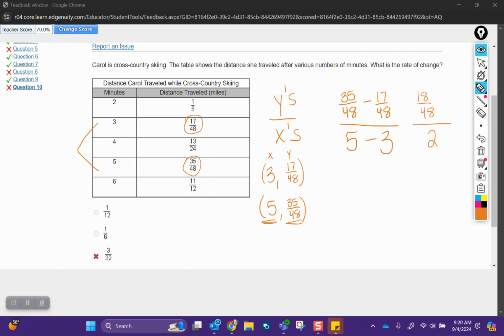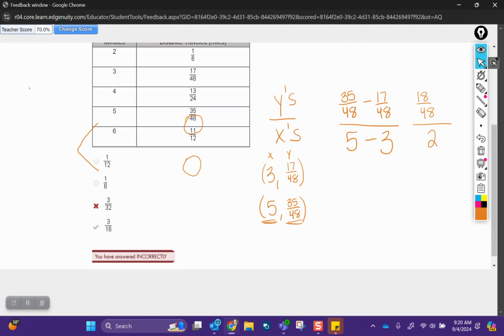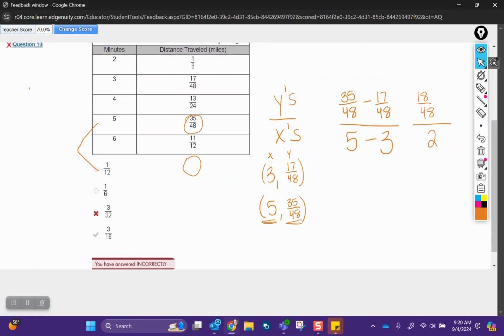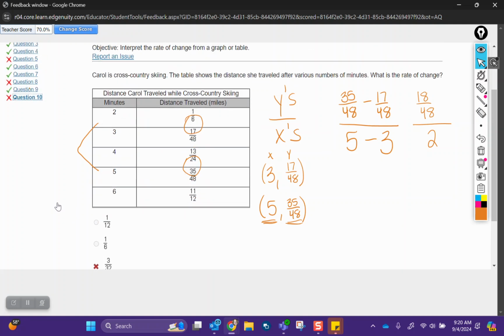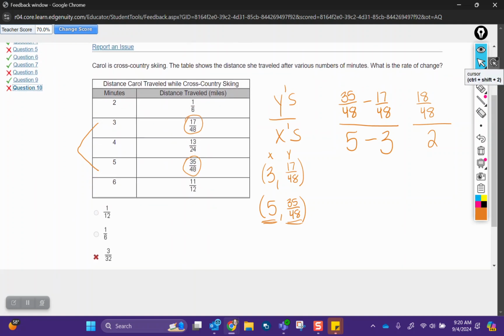So now what we have is actually called a complex fraction because it has a fraction within a fraction. My numerator here is a fraction, and you aren't going to see this answer anywhere in these options. So you're probably thinking, wait a second, how do I get from here to what I actually need? So what we're going to do is a process called multiplying by the reciprocal.